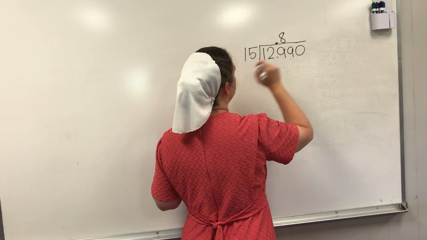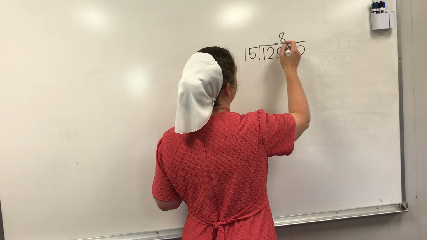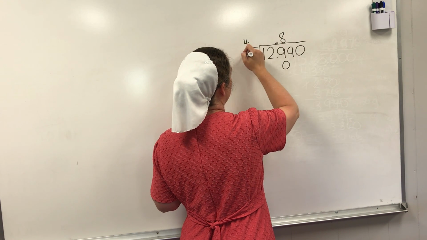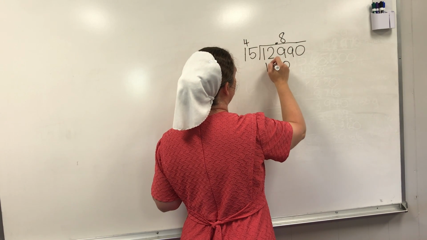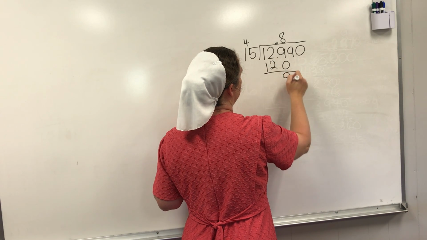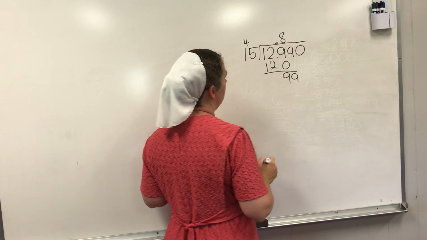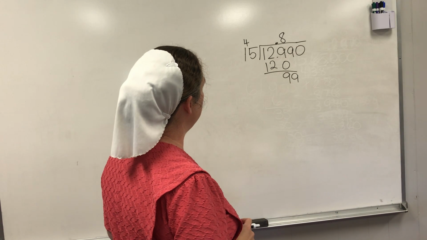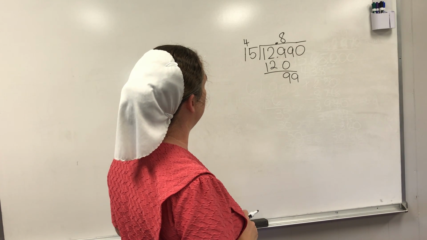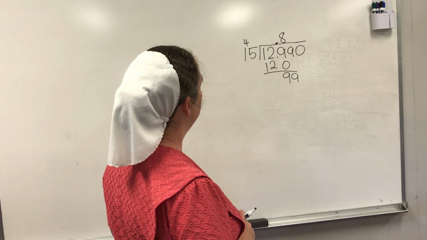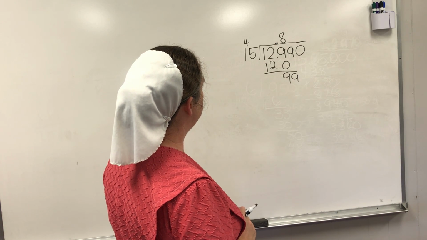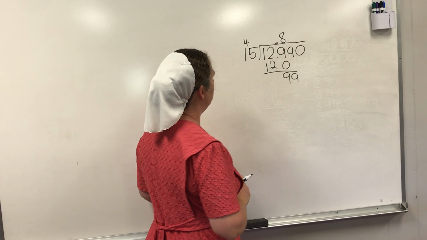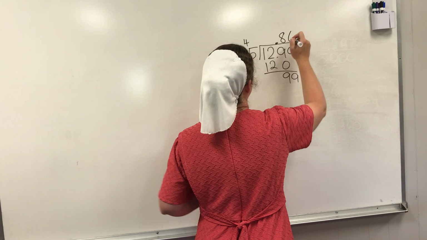Let's try 8. 8 times 5 is 40. 8 times 1 is 8, plus 4 is 12. Drop your 9. 15 into 99 is 7? No, not 7. I think it's probably going to be 6.